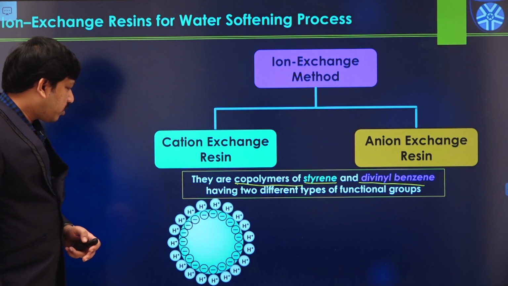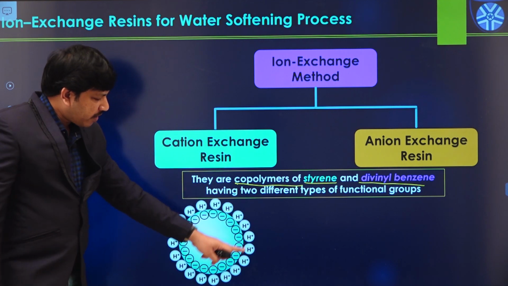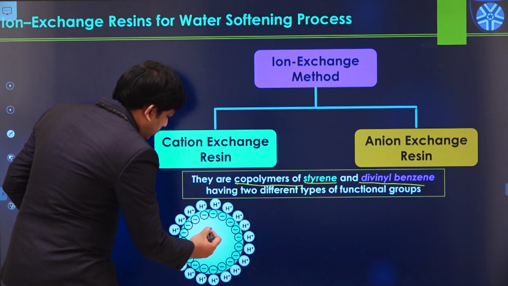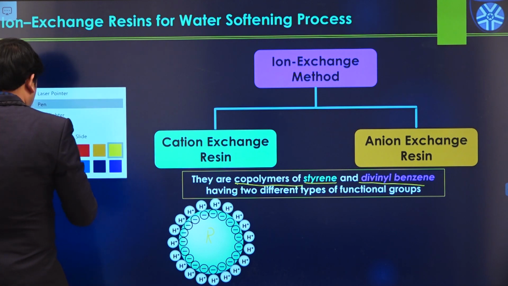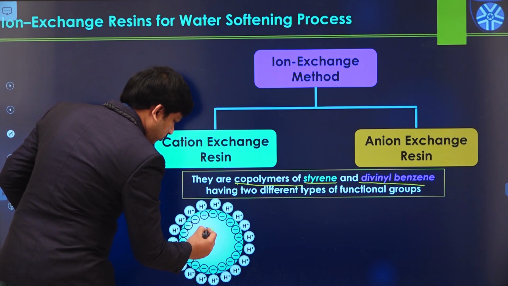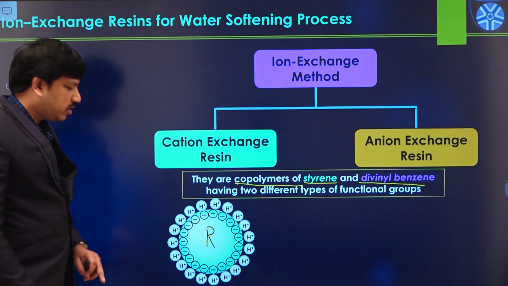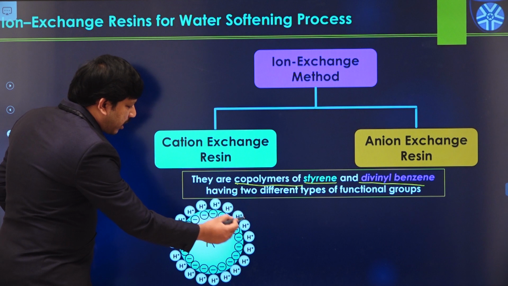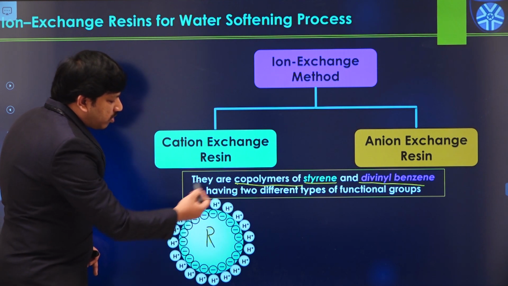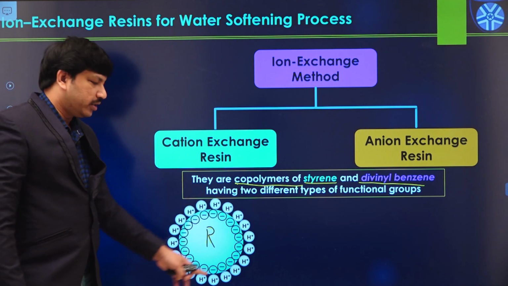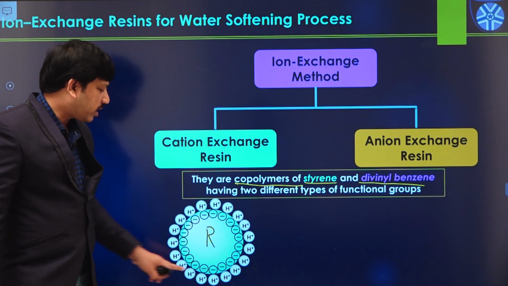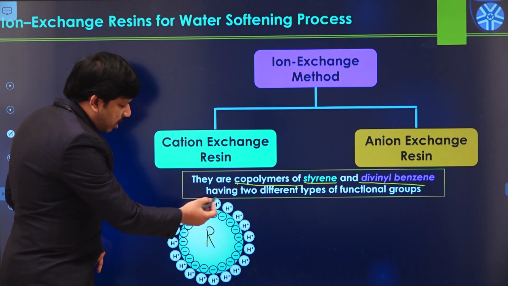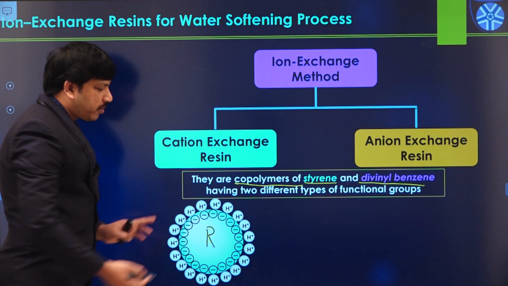So now the question is what? Cation exchange resin has this kind of arrangement. The resin molecule contains a lot of negative charge. R means resin. So this resin molecule contains negative charge like this, and around that negative charge we have replaceable cations, protons like this.